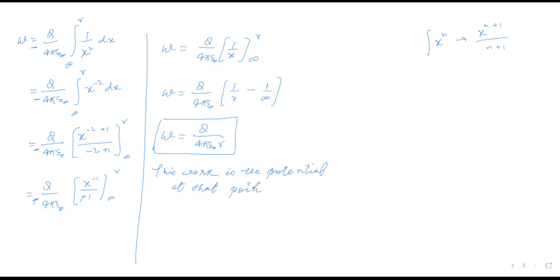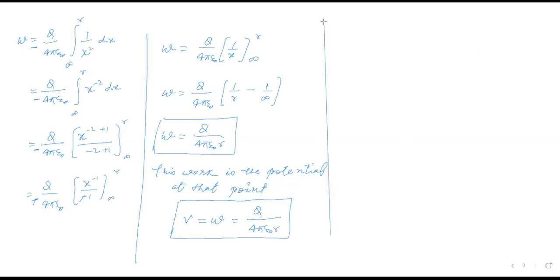So we can write V is equal to W is equal to Q over 4 pi epsilon naught R. Note it down, please. Is everything clear or not? Yes, sir, it is.